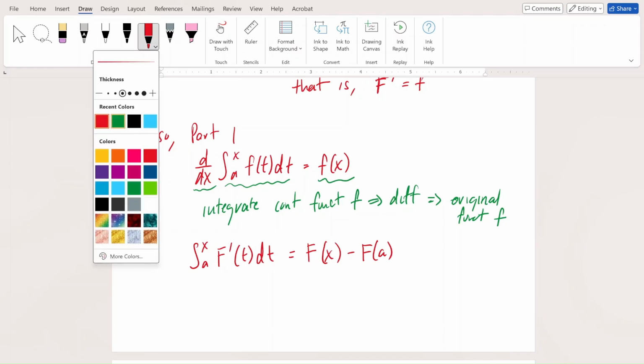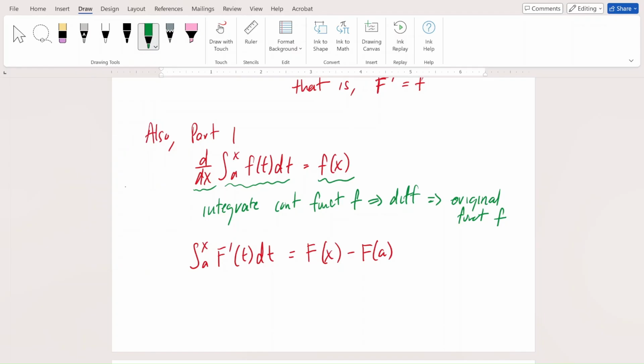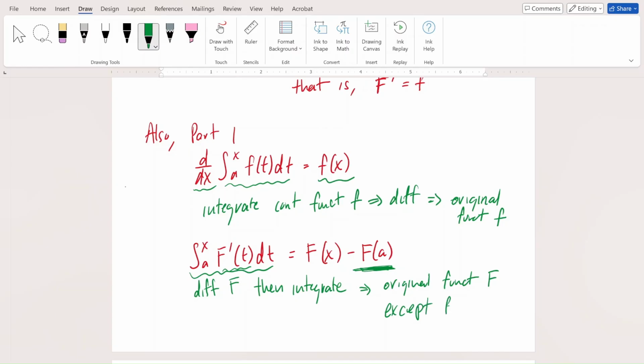Well, if you recognize that the original function that you work with is the derivative of capital F, that's the inside part right here, then I integrate it, that's the entire left-hand side now, I get back the original function F, but notice I have minus F of a here, so except for a constant F of a, because the variable is the x.